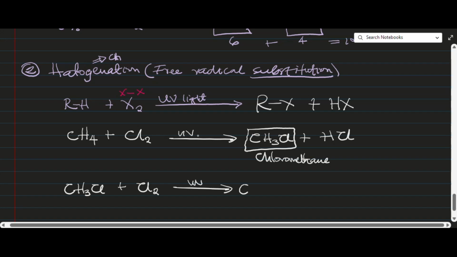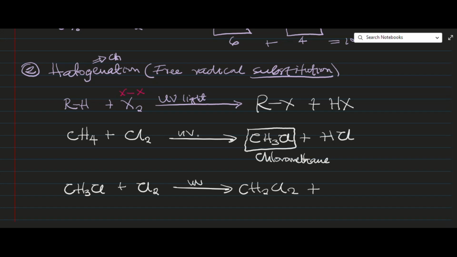So you're going to have CH2Cl2 this time around, and the other product will still remain HCl. So here you have dichloromethane. If this one goes again, you're going to get trichloromethane, until all the hydrogen atoms are substituted, where you're going to have tetrachloromethane.